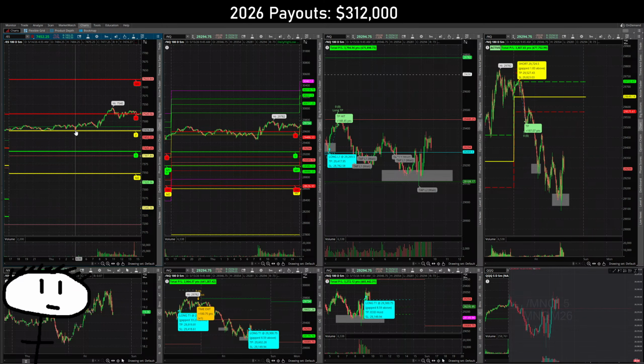Right here. And then you see it rallying as NQ is just chopping around. This next dip on NQ, new low, ES above the previous low. So on this new low pullback, you buy the stronger pair, ES.